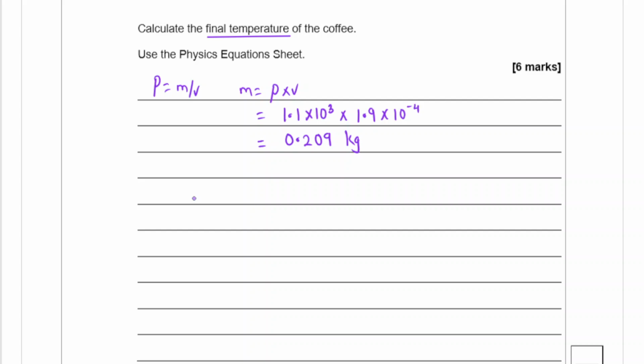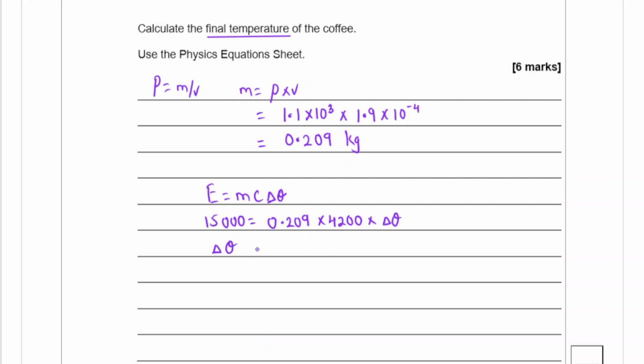So using the equation for specific heat capacity, the energy transferred equals the mass multiplied by the specific heat capacity multiplied by the temperature change. So 15,000 equals 0.209 multiplied by 4,200 times the temperature change.